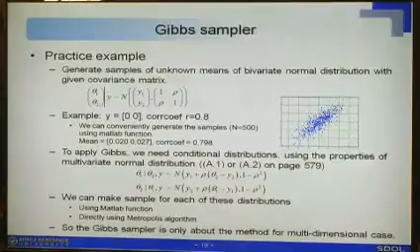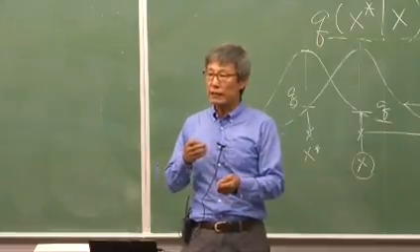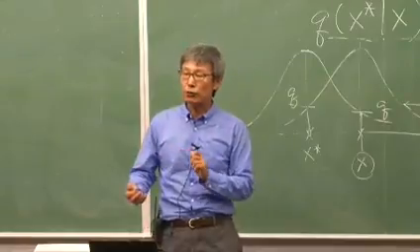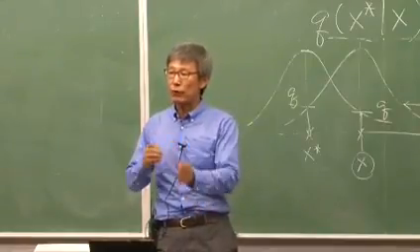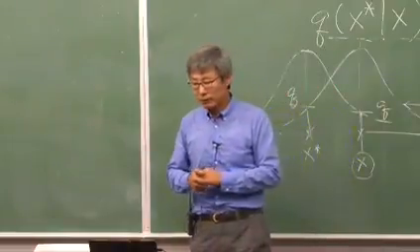And this result was obtained by using Gibbs method, by alternating sampling x1 based on x2, and then x2 based on x1, back and forth, and repeating. And we got that result.